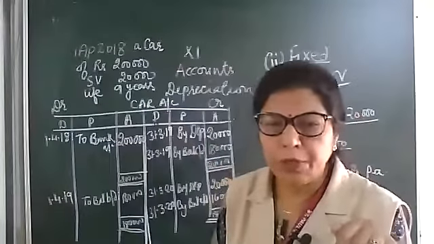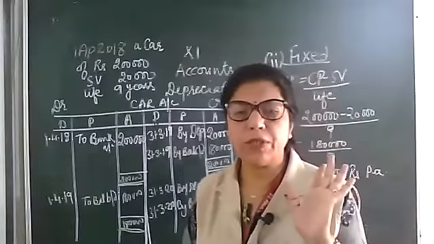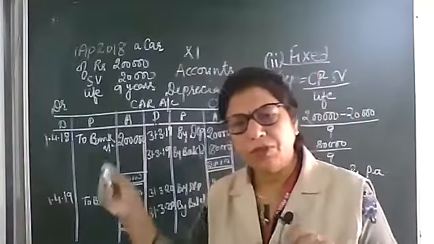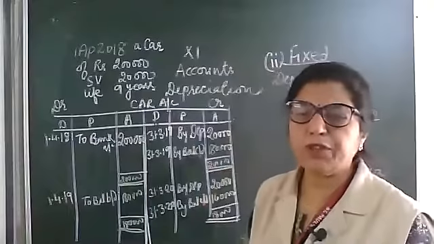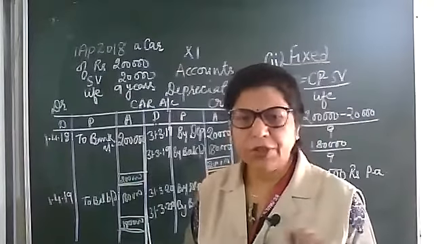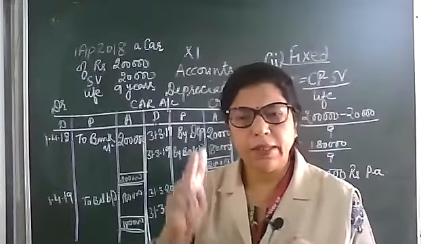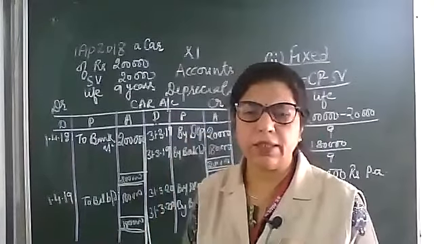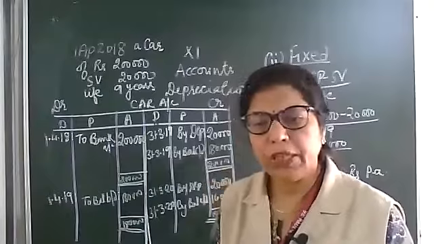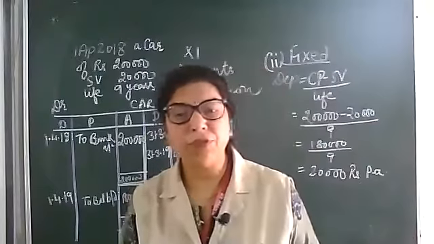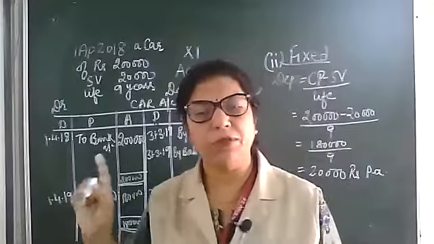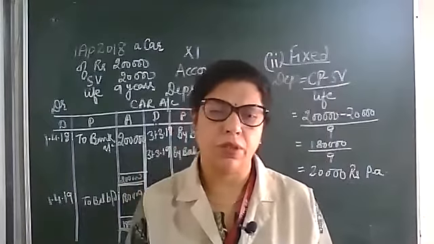So the balance will be 1,40,000. Okay. Now you will carry that balance of 1,40,000. Next year, then the depreciation 20,000 again. So the remaining will be 1,20,000. So after 4 years, the value of that car will be 1,20,000.